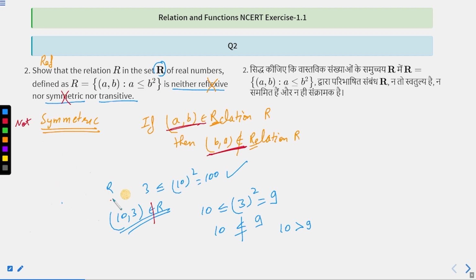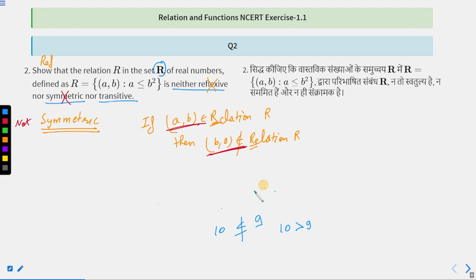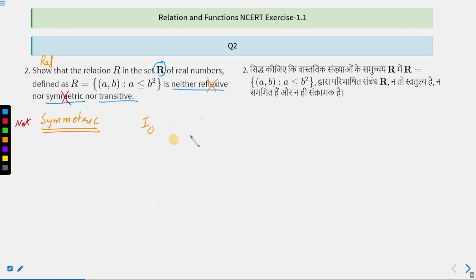Now the interesting part: how are we going to show that it is not transitive? Quite easy, if we know the definition of transitivity.